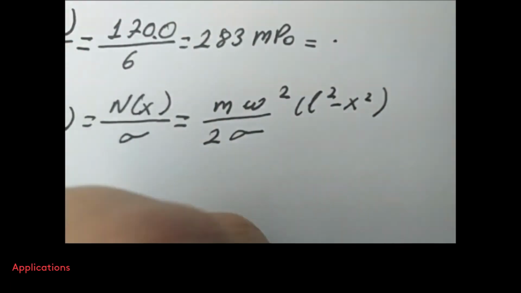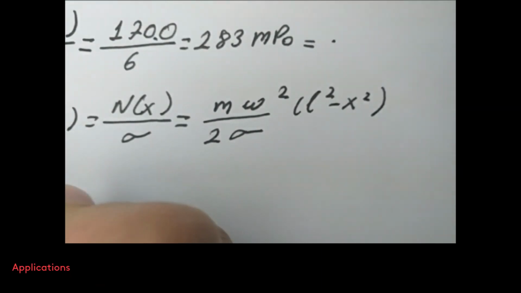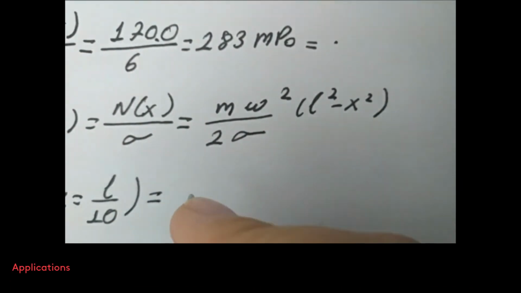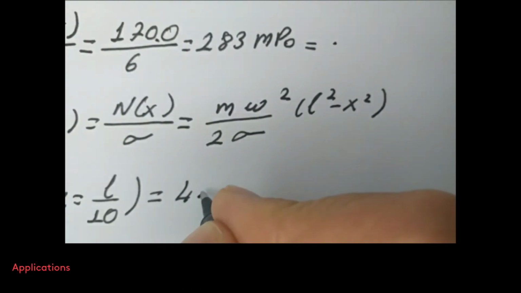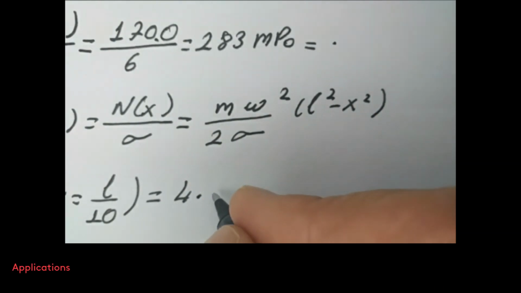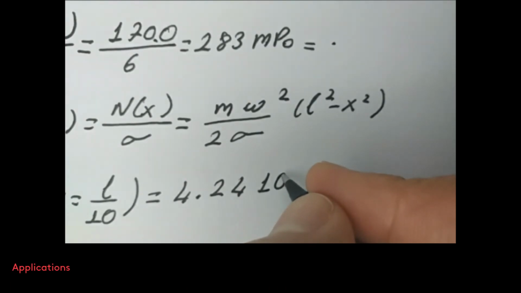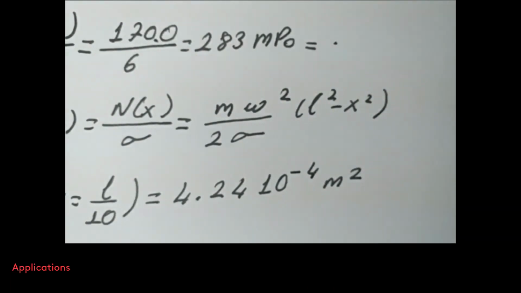For the blade root or hub, let's say x is equal to L divided by 10, and therefore the blade root or the hub should have an area of 4.24 times 10 to the power of -4 meters square. This is the area at the hub.